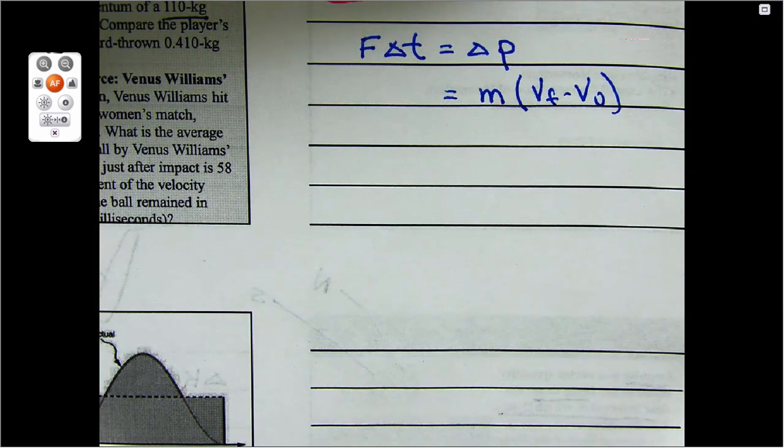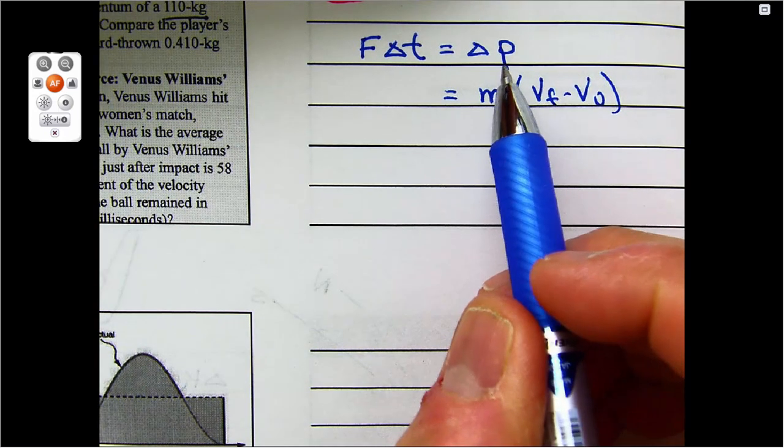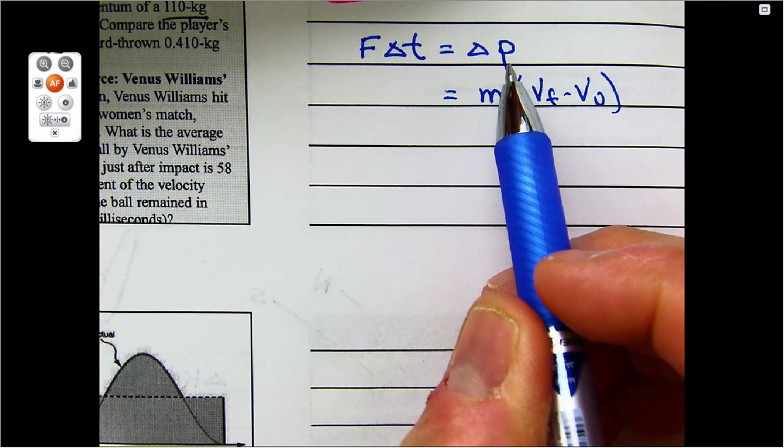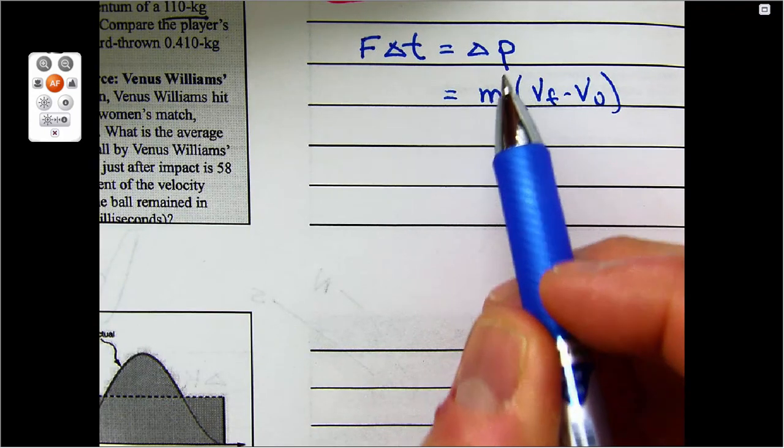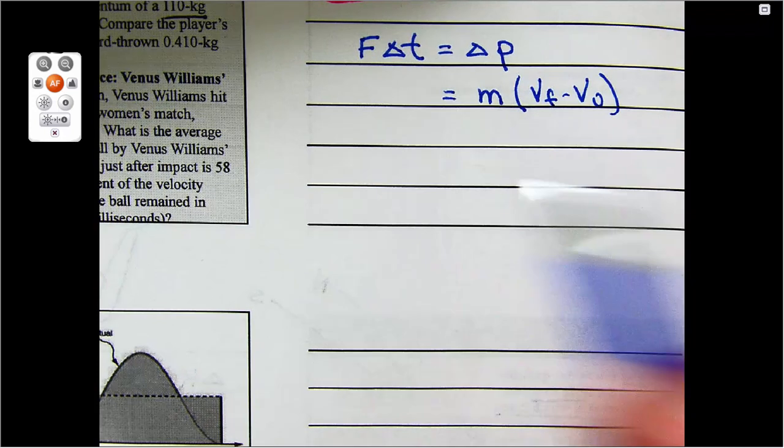So let's see what we know here. Assuming the ball's speed just after impact is 58. Nope, this is not the same P, right? This is momentum P. This is little p. Big P is power.